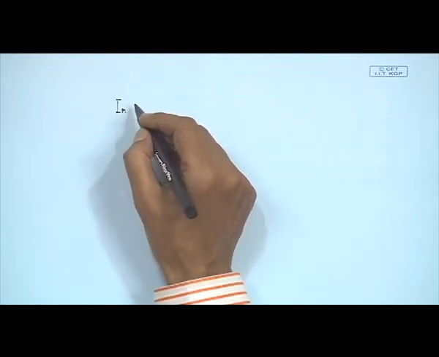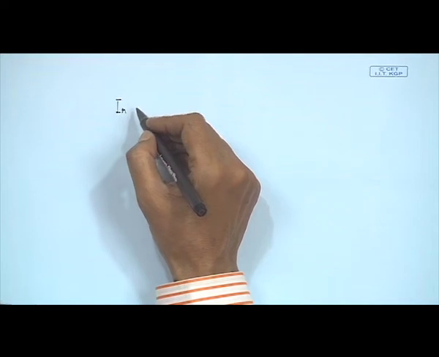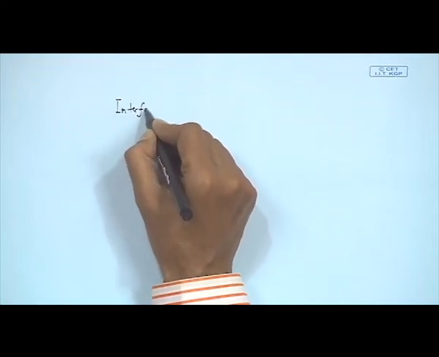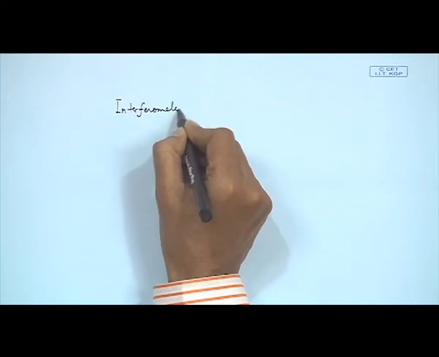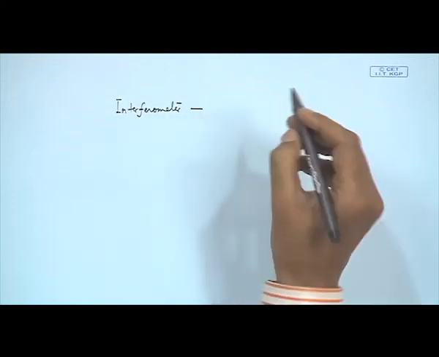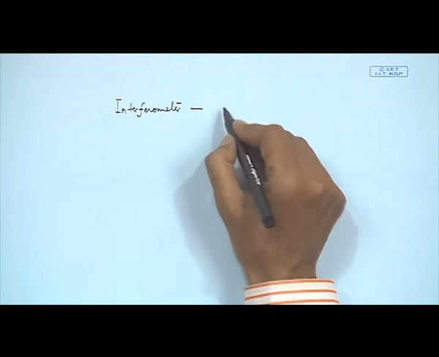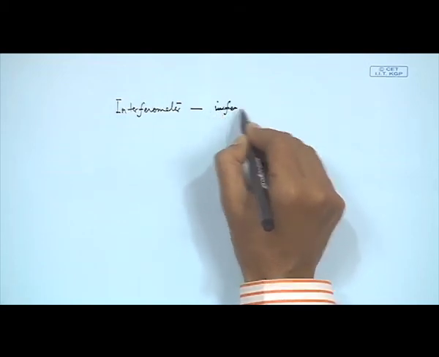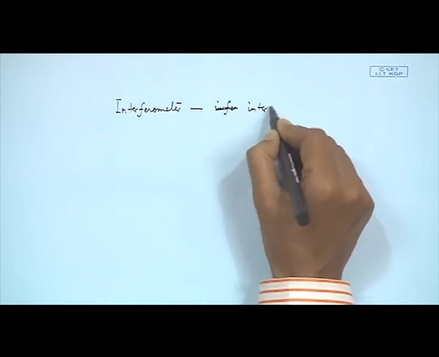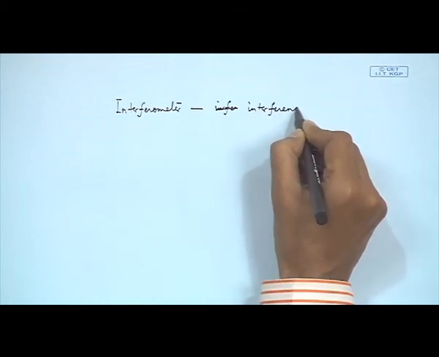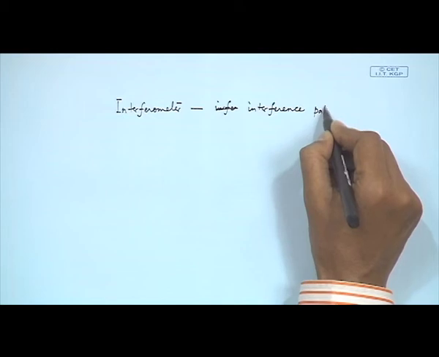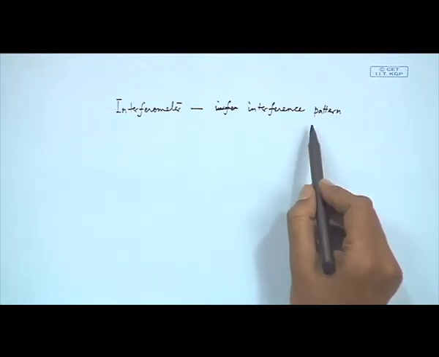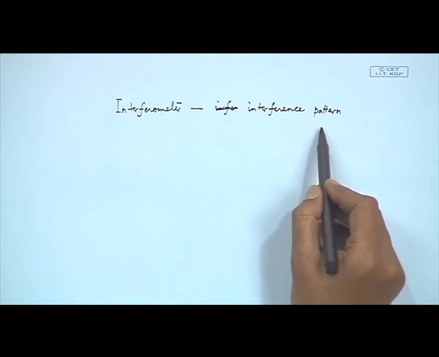One such known example of an interferometer is the Michelson Interferometer, which basically gives the interference pattern, and this interference pattern is nothing but your interferogram.